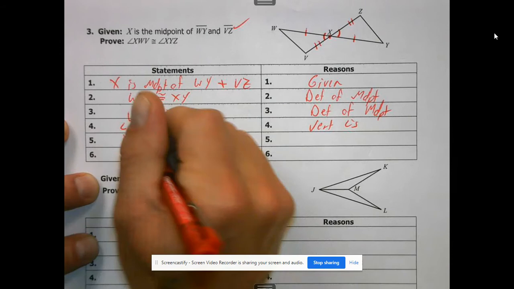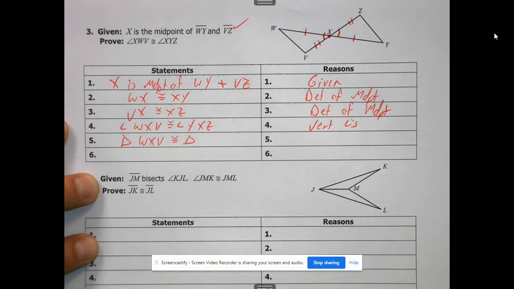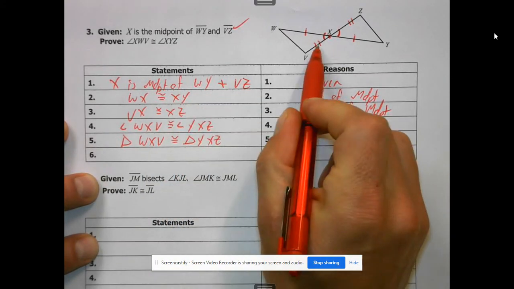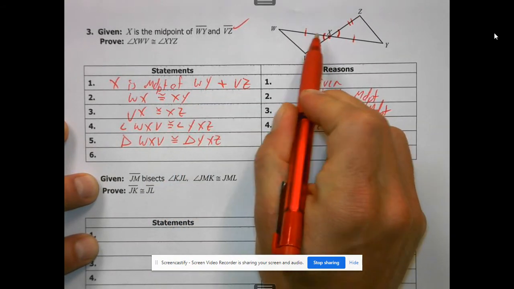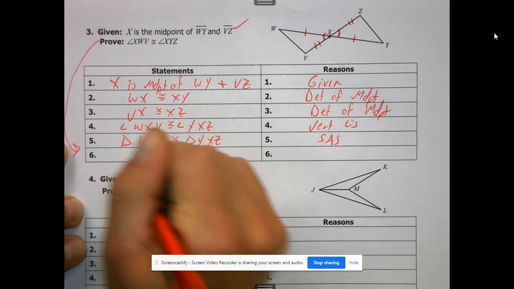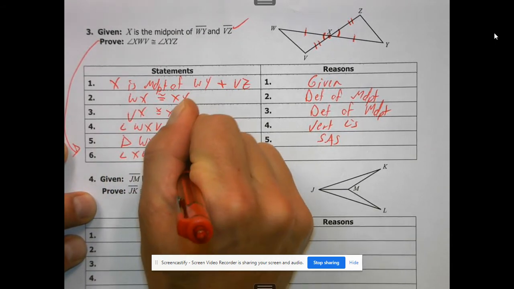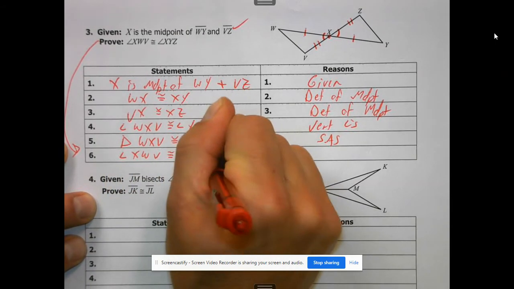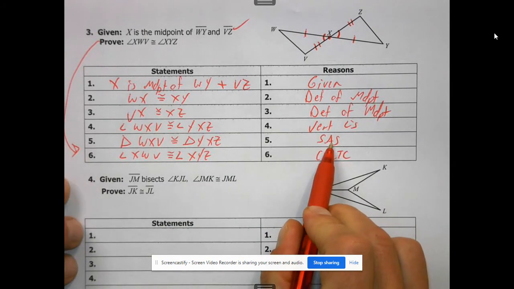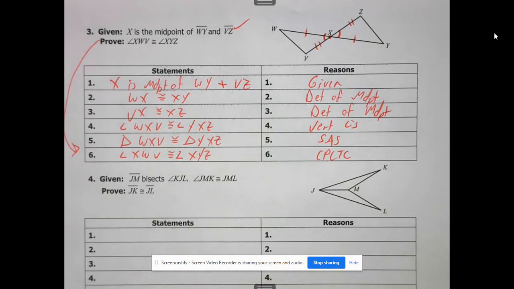Triangle WXV is congruent to triangle YXZ by side, angle, side. Last statement is what we're proving. Angle XWV is congruent to angle XYZ, CPCTC, because I already proved the two triangles congruent. Any remaining angles or segments, I can say CPCTC.